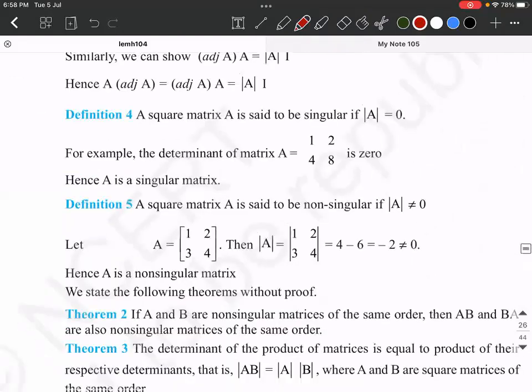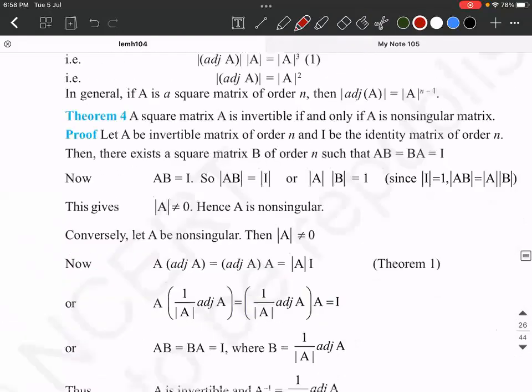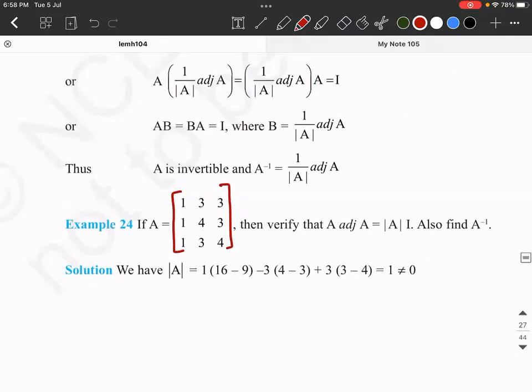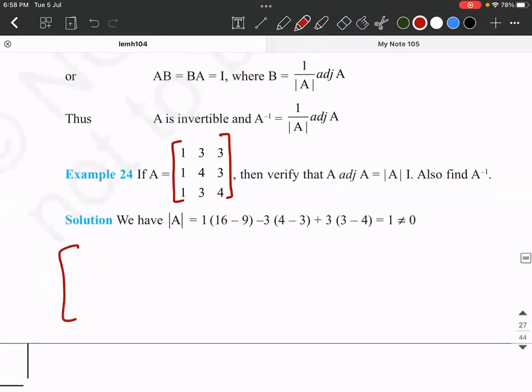Did you get the answer? We'll cross verify since I didn't do it. What is the answer? 7. Is this the cofactor matrix or adjoint? Adjoint. Okay, 7, minus 8, minus 1, 1, 0. Is this what everyone has got?